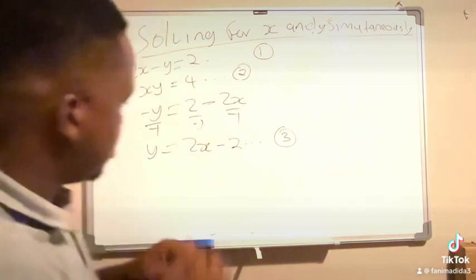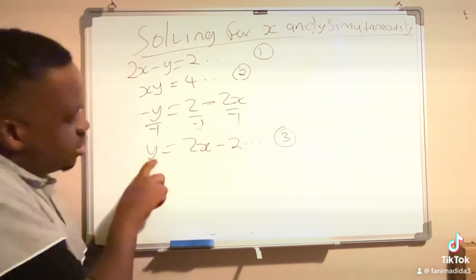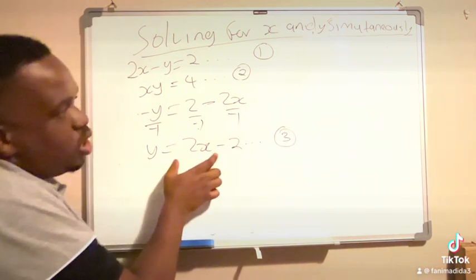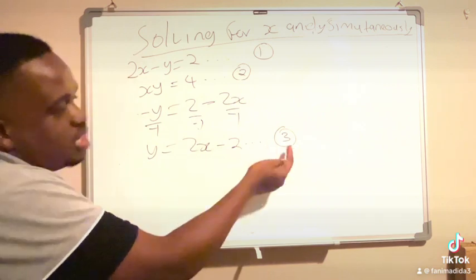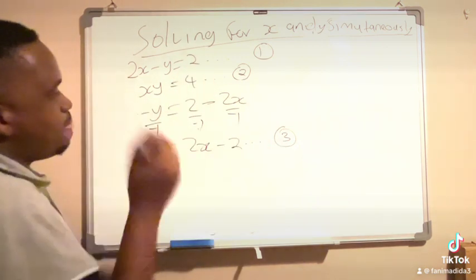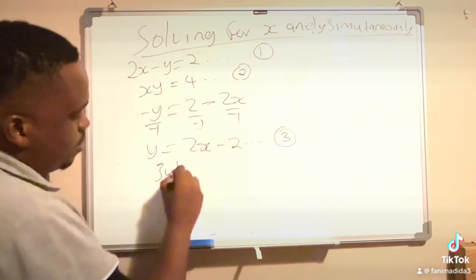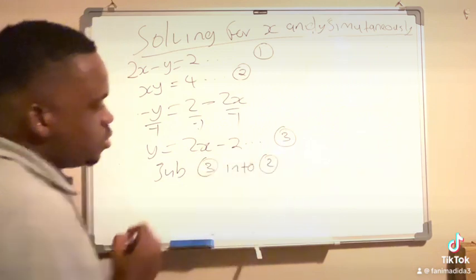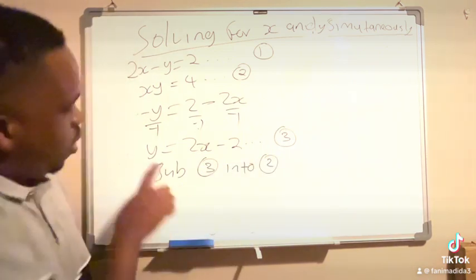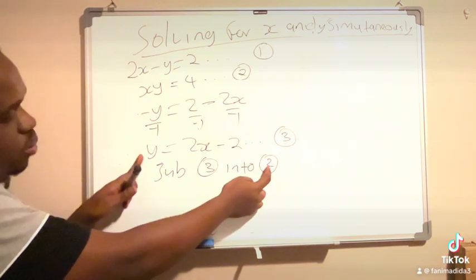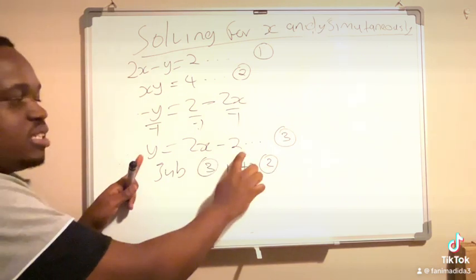Let's carry on. Since we made y the subject of the formula, it becomes easier for us to substitute this equation 3 into equation 2. So we're going to say substitute equation 3 into equation 2. Basically what it means is that in equation 2, wherever you see y, you put the 2x minus 2.